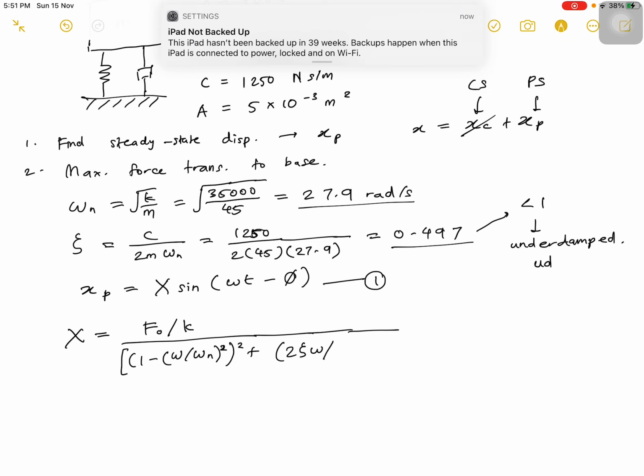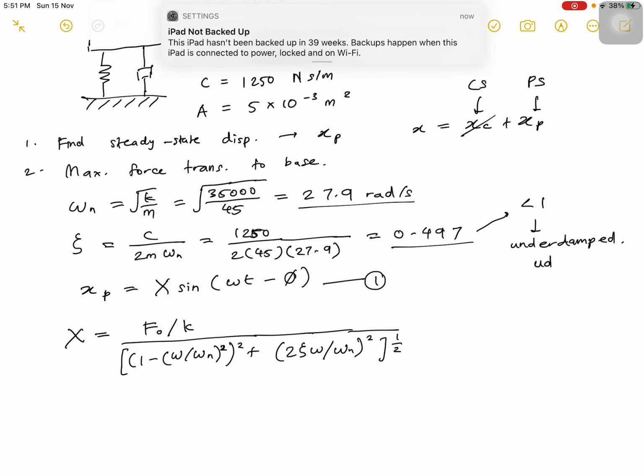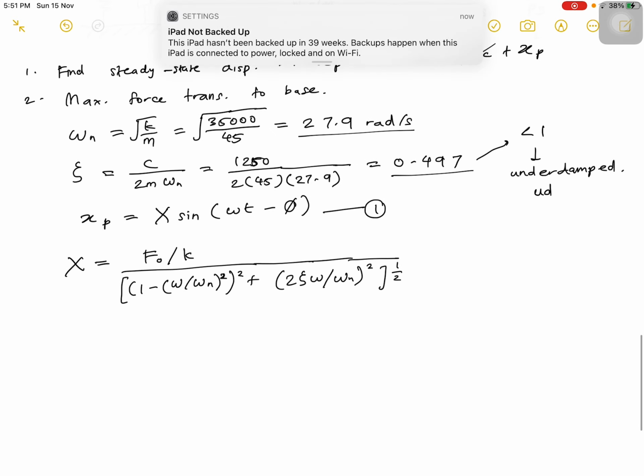So actually, if we have a damper, this is the formula for the amplitude or for the displacement of the particular solution. Okay. But if we don't have a damper, the formula is simpler compared to this one.